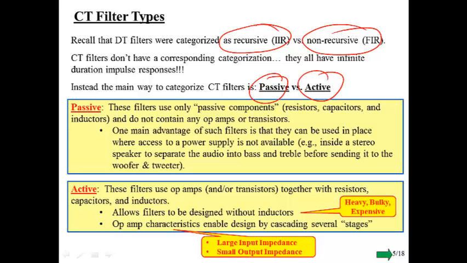But you can also use op-amp and transistor characteristics to allow a simple cascading of several of these stages, so that you can design each stage independently without worrying about its impact on any stage prior or subsequent to it. And that's because of the large input impedance and small output impedance that op-amps have. And we will look at an example in a later video that talks about that.